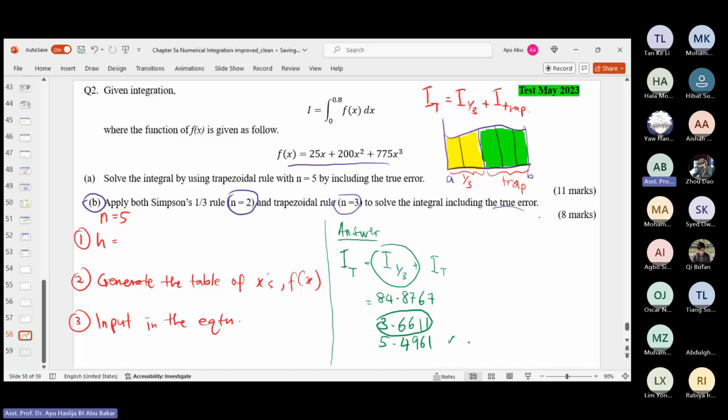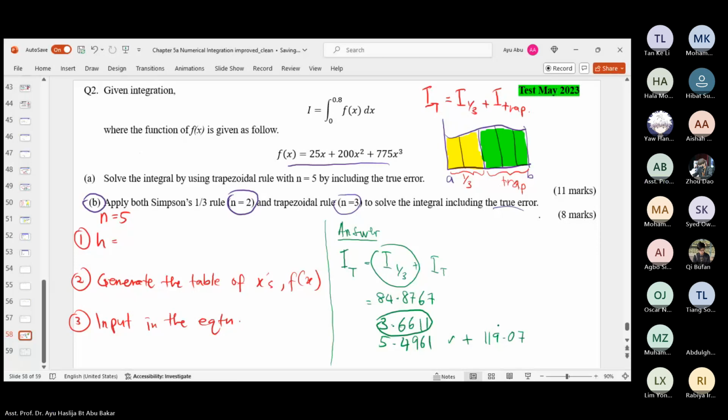Now how about the integration of the trapezoid? 119.07. The rest get the same? I get the same.